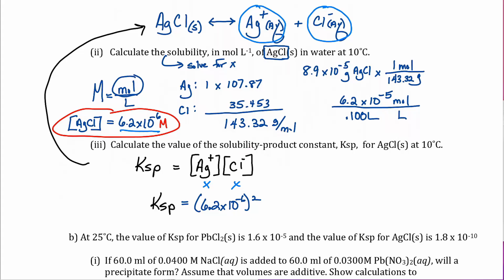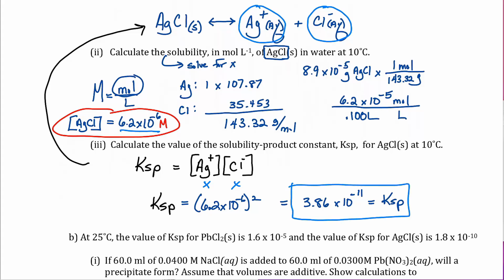So in any case, when we square this, what we get is equal to 3.86 times 10 to the negative 11. And equilibrium values have no units, so you're safe there. So that, my friends, is your KSP.